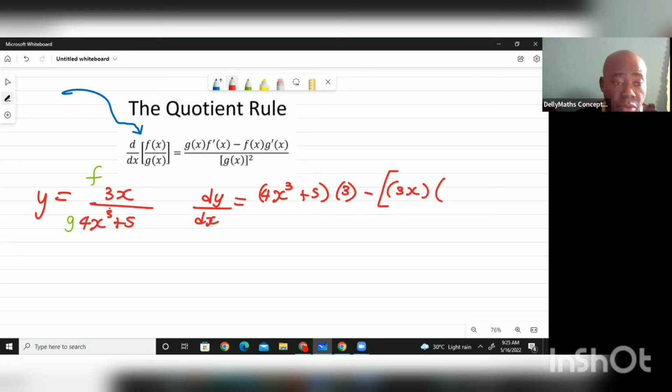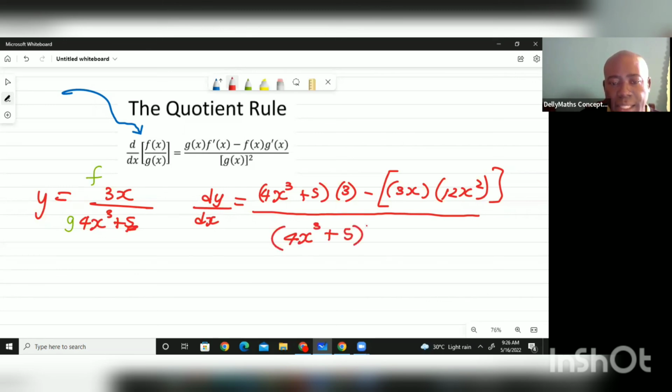That is going to give me 4 3s, 12x to the second, and the 5 gives 0. So 4 3s, 12x to the second, and then I close my bracket. And all of this now is over 4x to the third plus 5, and all of that is squared.